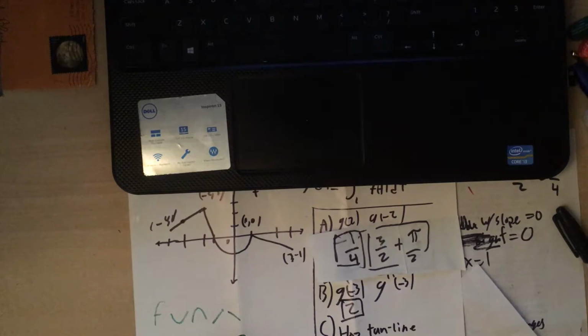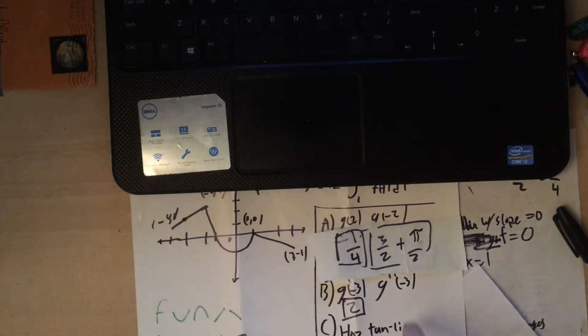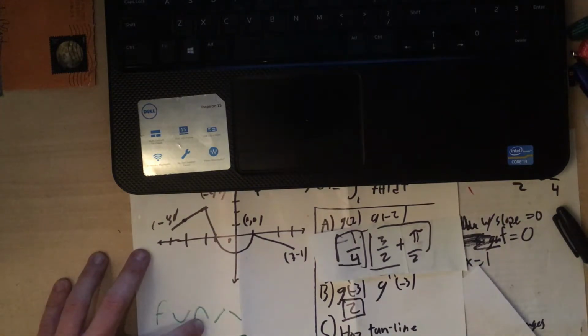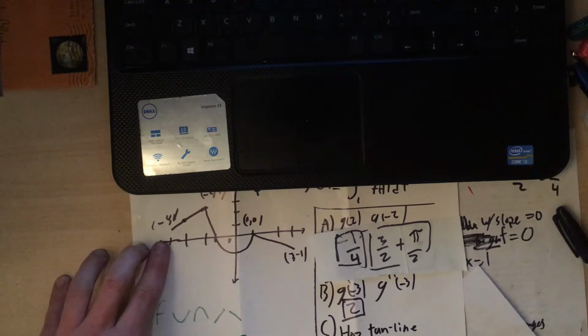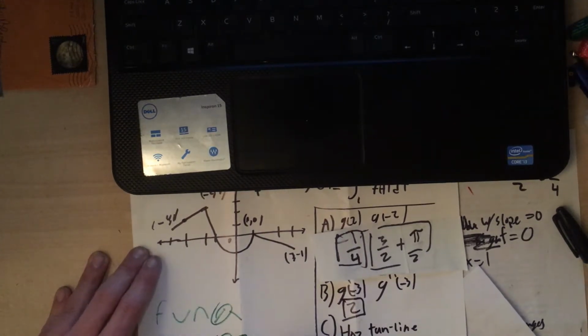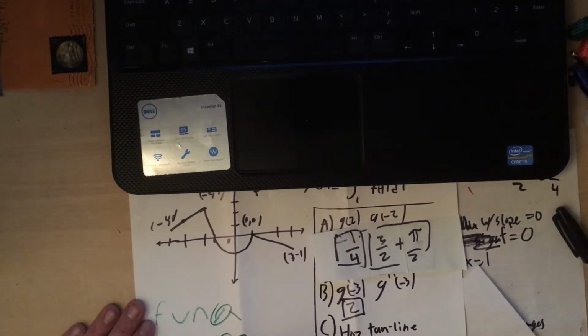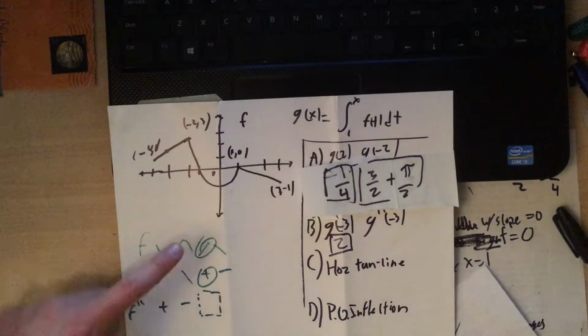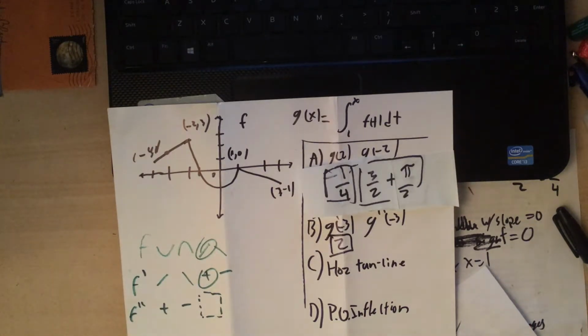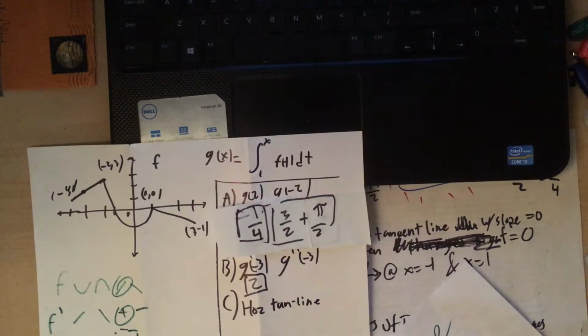Now, the reason that the fun chart is useful here is because at negative 3, f is increasing, f prime is positive, but f double prime doesn't exist. There. Easy answer. Increasing, positive, doesn't exist. So we'll put a big D and E in our answer section here.